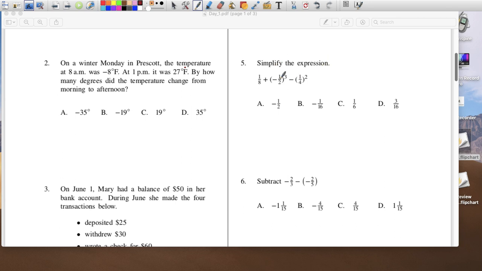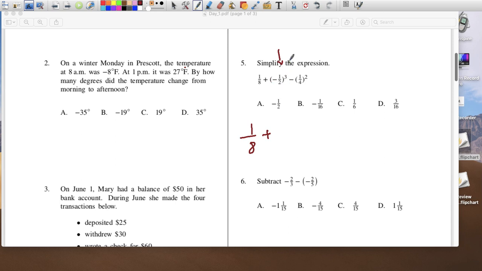Simplify the expression below. You are going to have a calculator. So you have so many choices on what to do, but you remember that if you don't know how to use a calculator, it's going to be completely a useless tool, especially for expressions like this. So 1/8 is just 1/8 plus, and then let's focus on this guy here. Negative 1/2 to the third, imagine.